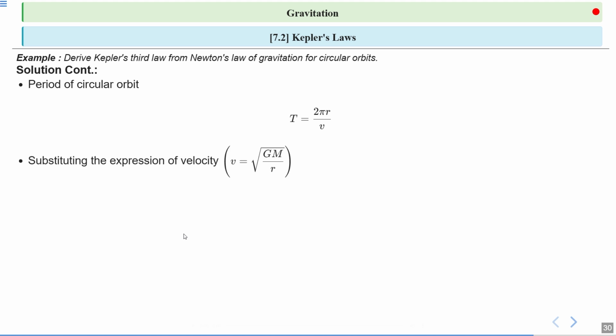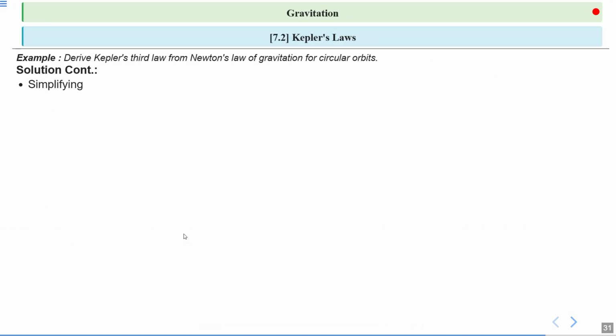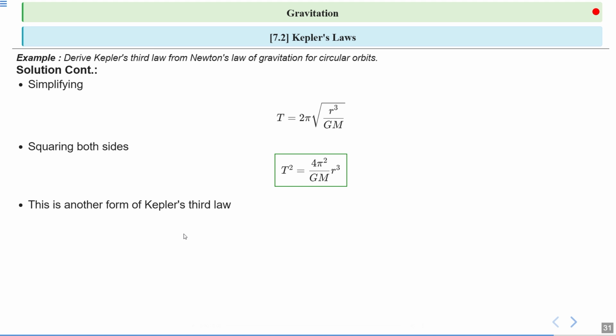Substituting the expression of velocity in our period formula, T is equal to 2 pi r into under root r by G M. Now simplifying, we have the expression for the orbital period T is equal to 2 pi under root r cube by G M. Squaring both sides, you will get T square is equal to 4 pi square upon G M into r cube. This is another form of Kepler's third law.